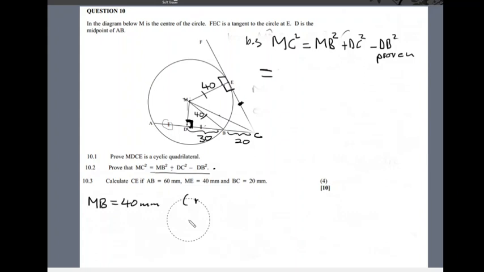Okay, let's write like this. MP is equal to ME, they are both equal to 40 millimeters, my radius, right? And then DB is equal to 30 because we were given AD is equal to DB, right? And then BC is 20, ME is 40, and then we can go ahead and substitute.